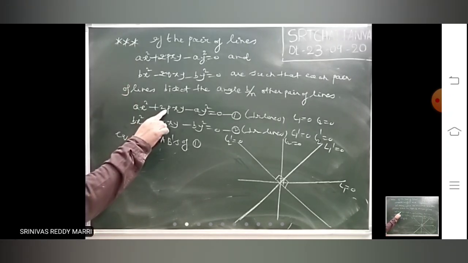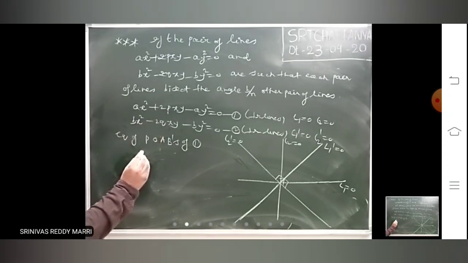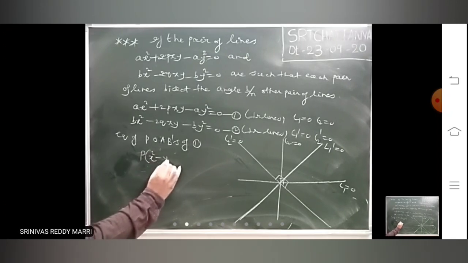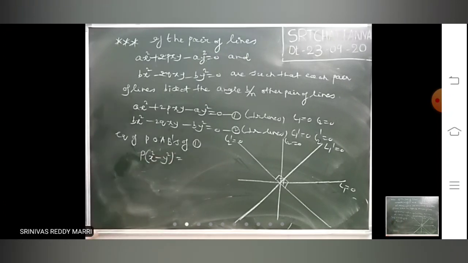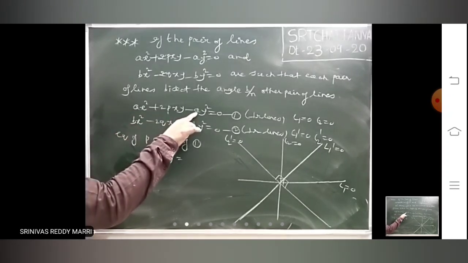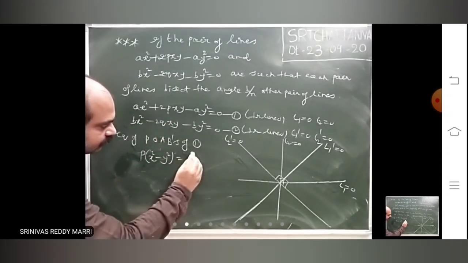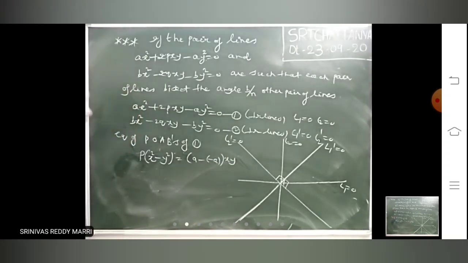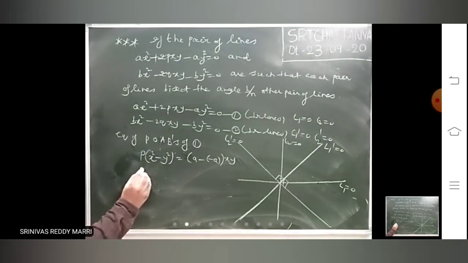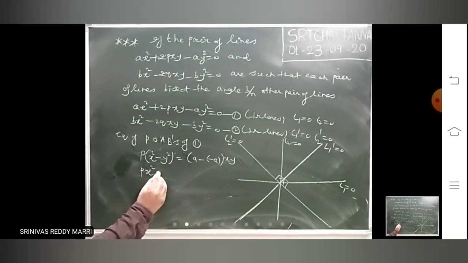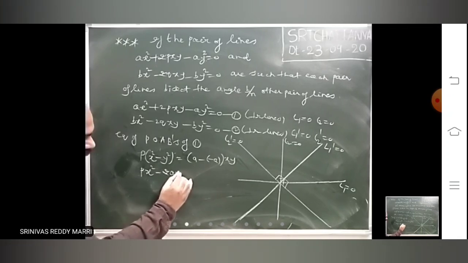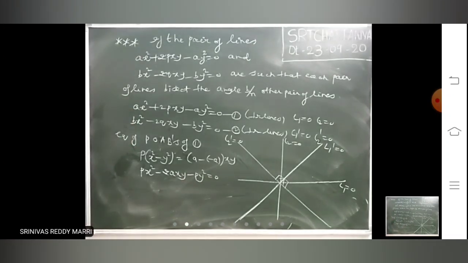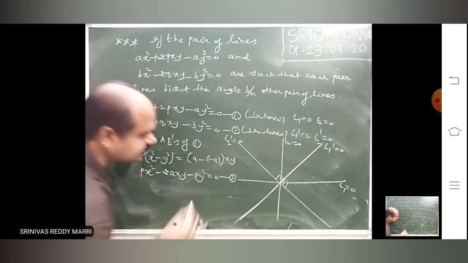H means P here, so P into x square minus y square equal to A minus B, which is A minus of minus A into xy. That means this equation you got is Px square minus 2axy minus Py square equal to 0. Let us say this is the third one.